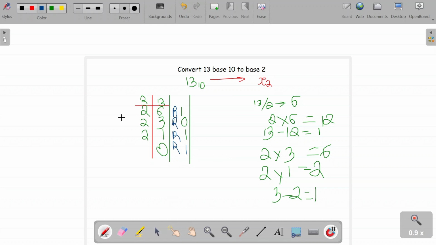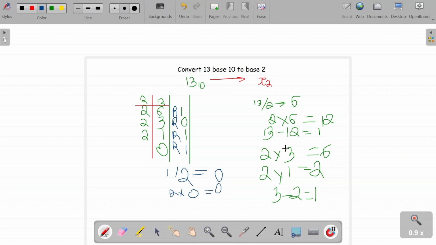And why is that? It's pretty simple. Since 2 cannot divide 1, or rather 1 cannot be divided by 2, because that will give you nothing, you just simply write 0 here. 2 times 0 will give you 0.